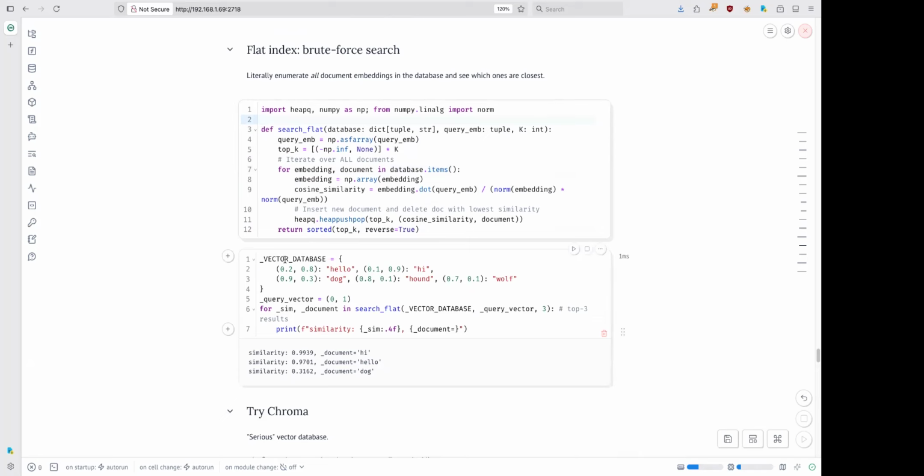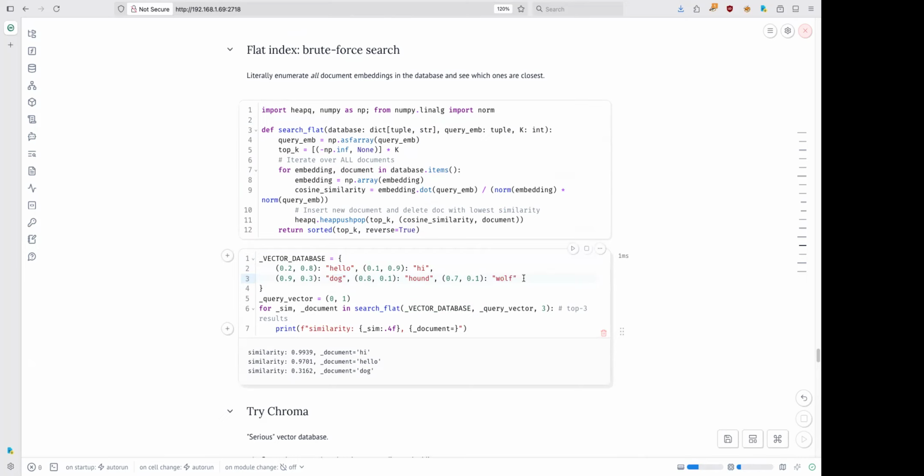Here we have an example vector database. You probably heard this term that has become quite hyped lately. This Python dictionary is a vector database. These are vectors. These are documents: hello, hi, dog, hound, and wolf.